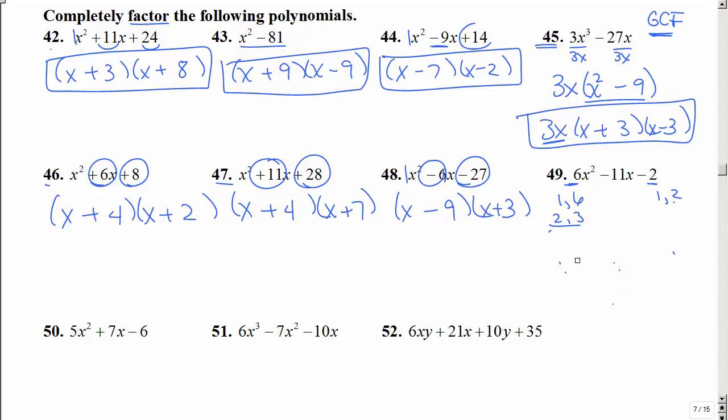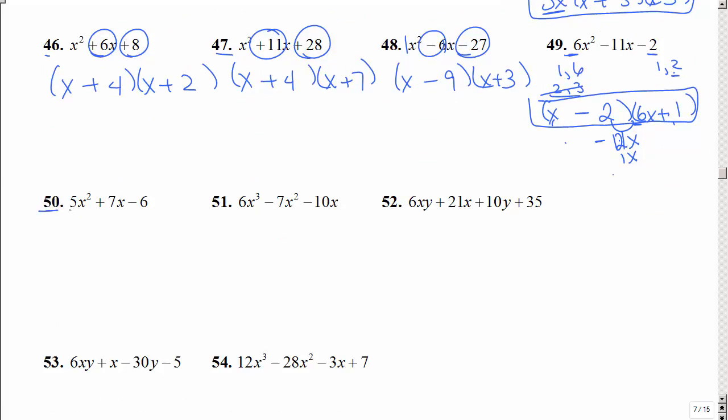And I know that the 2 and the 3 can't work again because the only place that 2 could go was the 3. So now I'm going to try the 1 and the 6. And the 2 can't go with the 6 because they have a common factor of 2. So I'm going to put the 2 here and the 1 there. And that's 12x. That's 1x. If I make that negative and that positive, I'm going to get negative 11x.